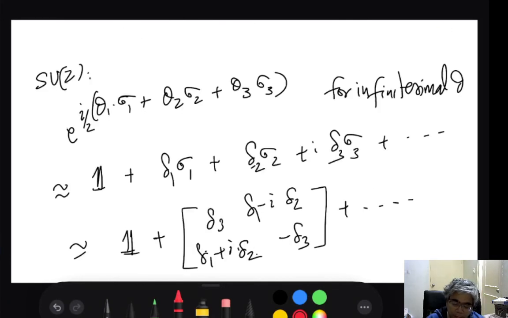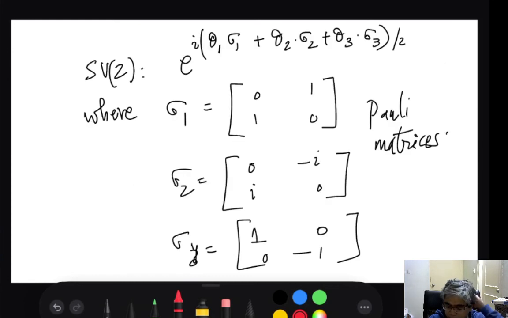Now the other important thing about SU2 is that these are matrices sitting on top of this thing in the exponentials. If you have two elements of the SU2 group, they don't commute with each other. So it's a non-commuting, non-abelian group.